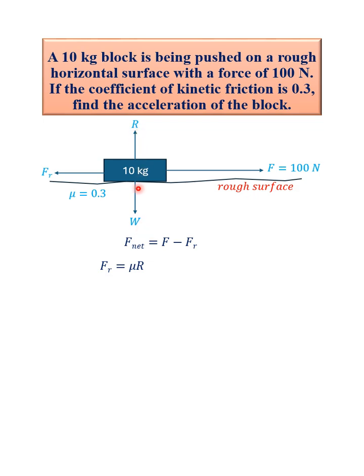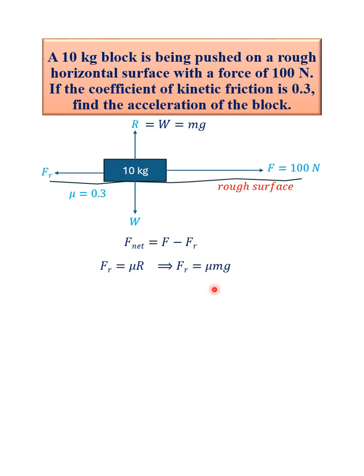What it means is that the weight acts downward, R acts in opposite direction, and they are equal. So R is equal to the weight, and the formula for weight is mass times acceleration due to gravity g. So we can replace R with mg, so that this formula becomes Fr equals mu mg.